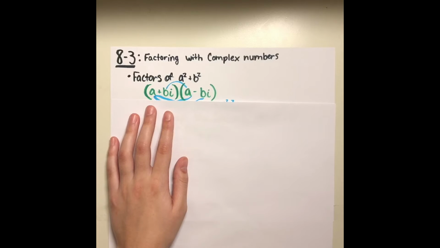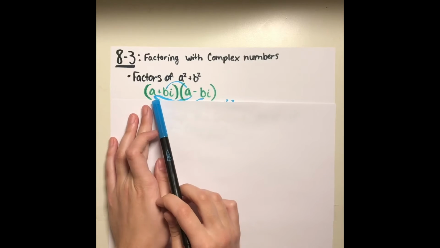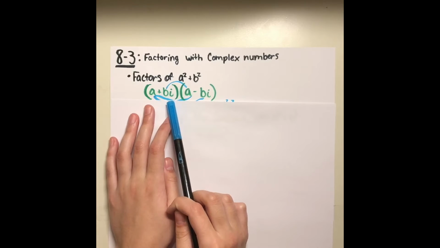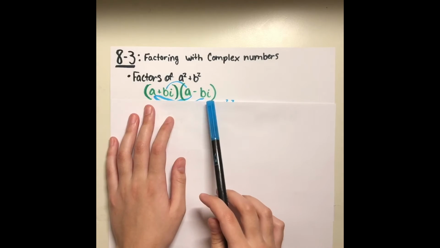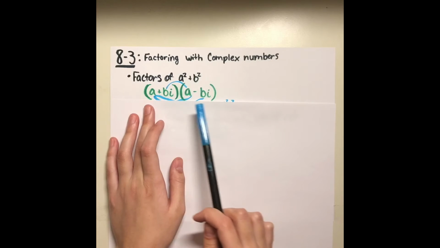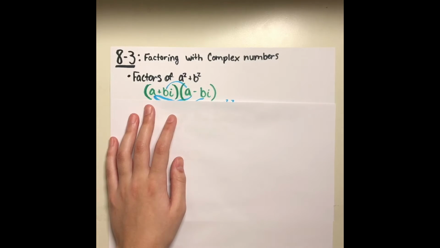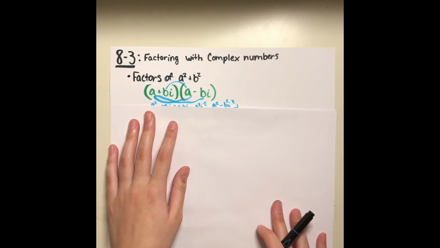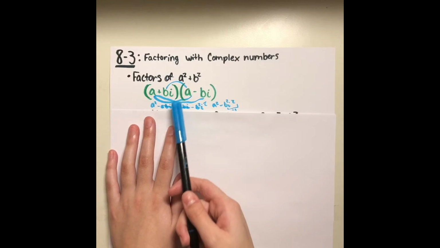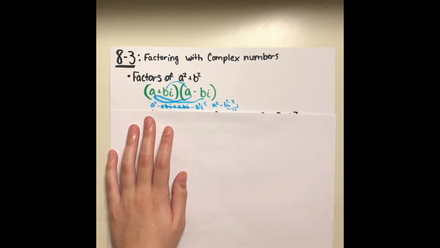From talking about complex conjugates, a plus bi has a complex conjugate of a minus bi, so these two are complex conjugates. With that being said, you can use complex conjugates to factor quadratic expressions that are in the form a squared plus b squared. This is showing you how that's possible.